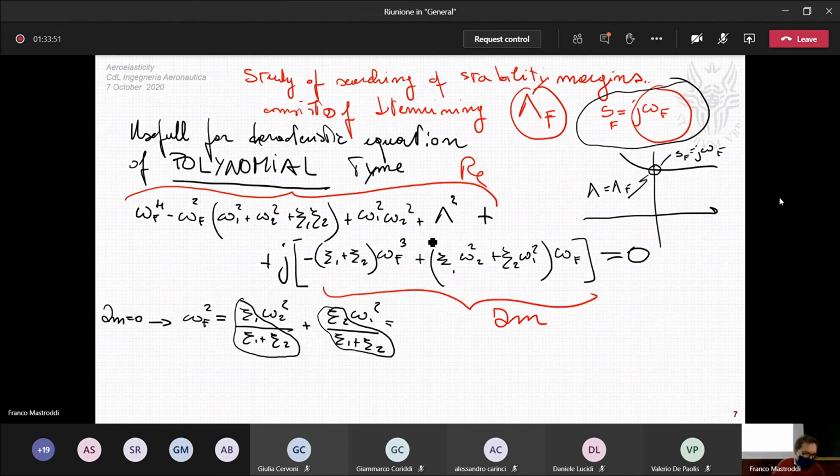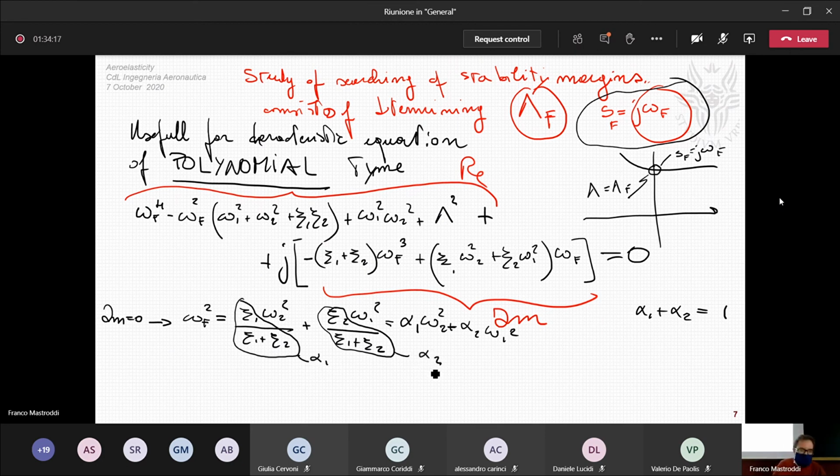quantity. Okay, and so you can write this in this way: alpha 1 omega 2 square plus alpha 2 omega 1 square, where alpha 1 plus alpha 2 is equal to 1, and are exactly this quantity, alpha 1 and alpha 2.